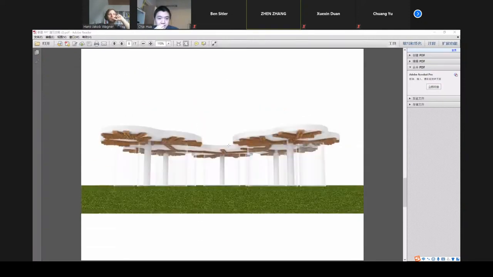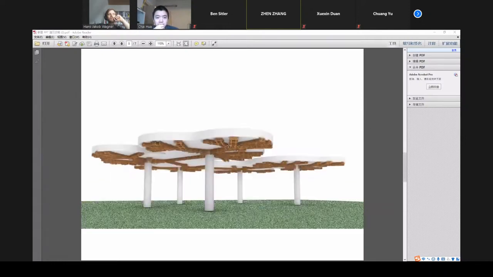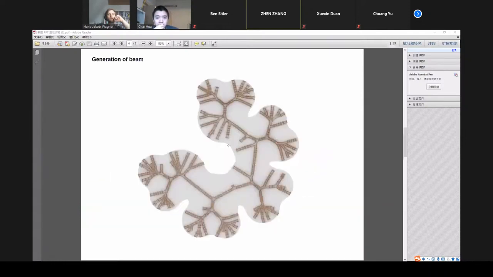This is the whole model of our structure. So do you have any suggestions? Is it okay?